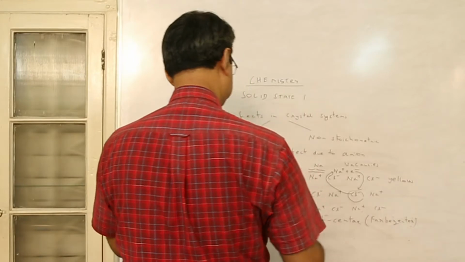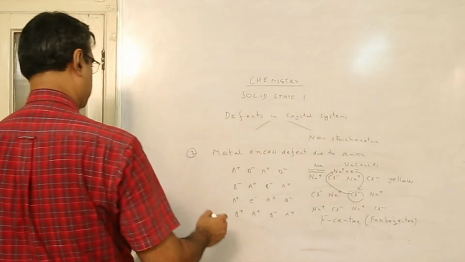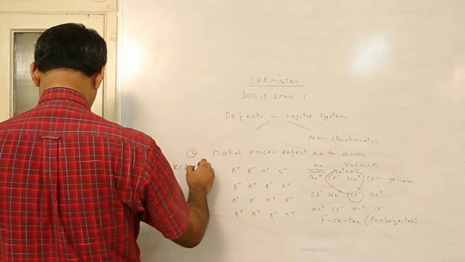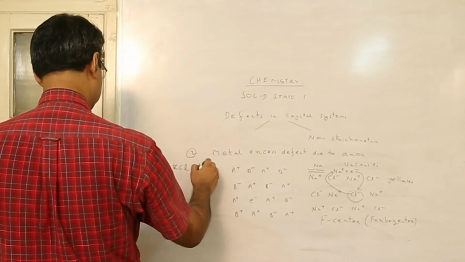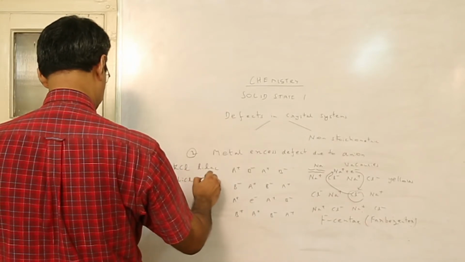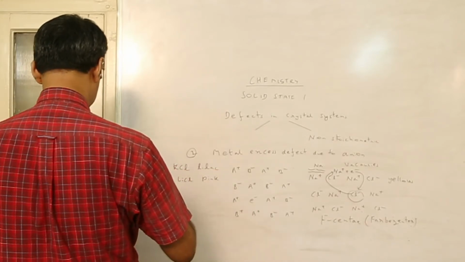Similarly, instead of NaCl, if you take KCl, then the color is lilac, and if you take LiCl, then the color is pink.